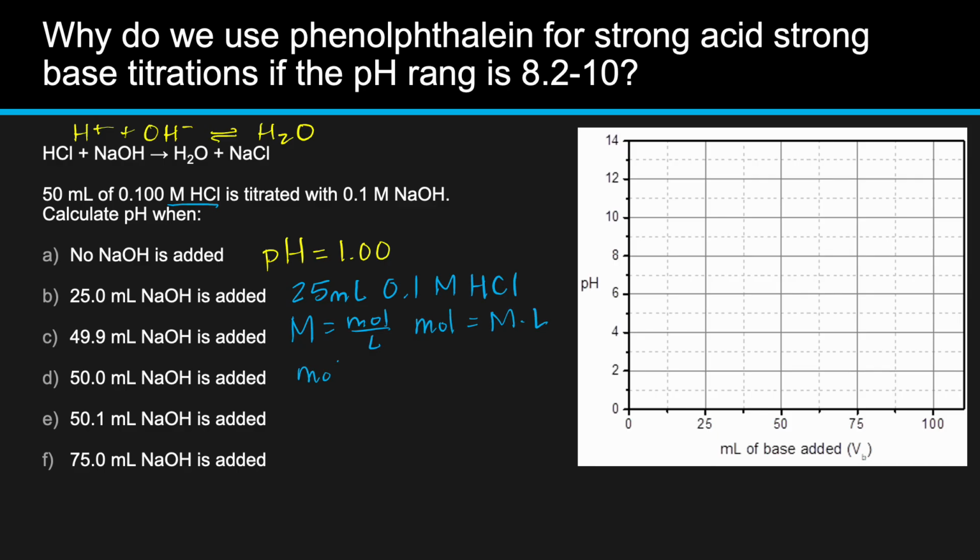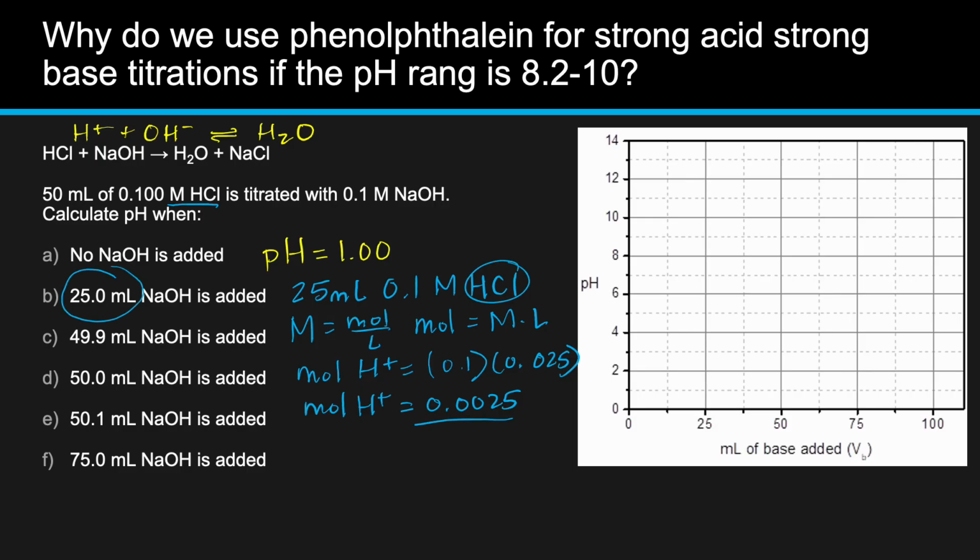So moles of H plus ions, and I can do that because it's a 1-to-1 ratio here, will be 0.1 times 0.025. That's going to give us 0.0025. So now that I have moles of H plus ions, to get concentration, I'm going to divide it by my total volume.